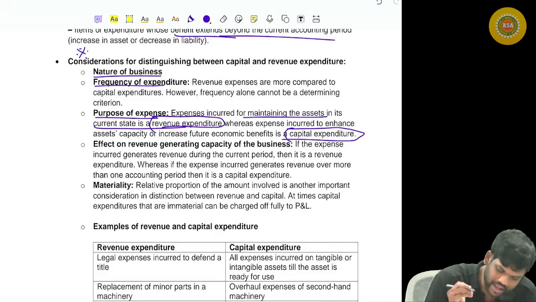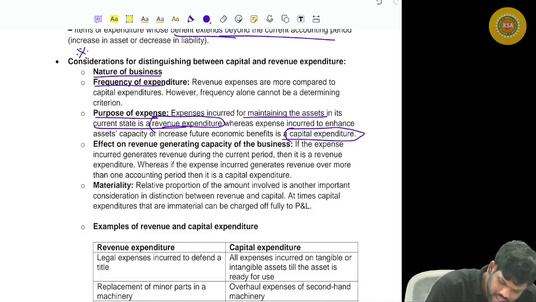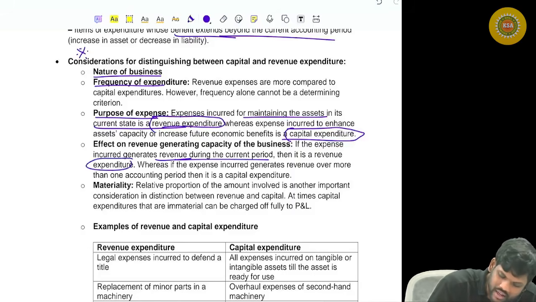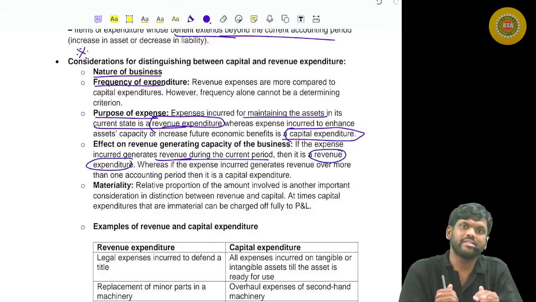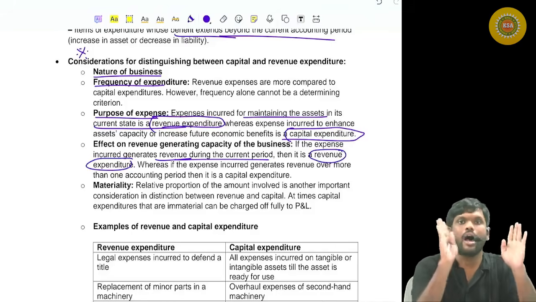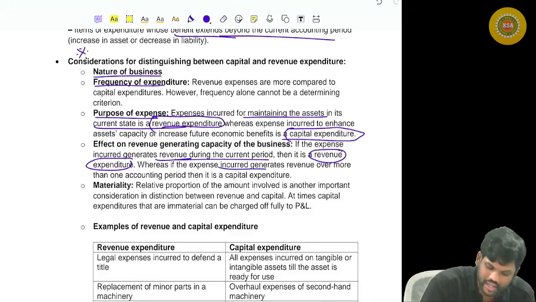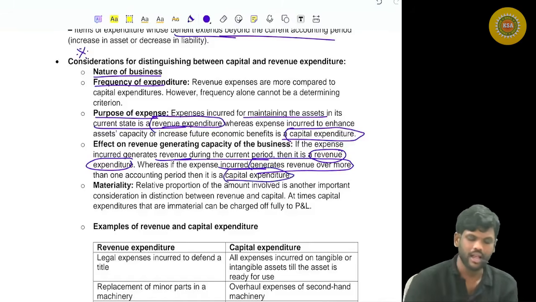Same way, any expense which generates revenue during the current period, then it is a revenue expenditure. Sir, I incurred this expense and the revenue for that expense came in this same year, so that is revenue expenditure. Any expense which is incurred now but generates revenue in the future, sir, revenue will come only in the future, then that is a capital expenditure.